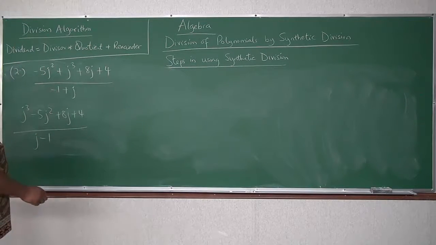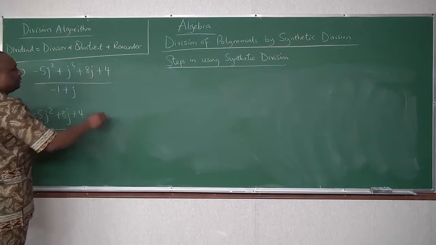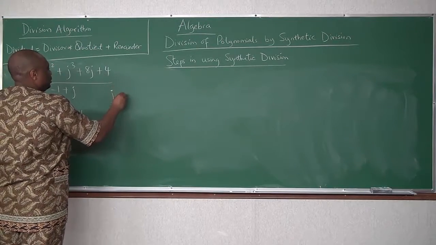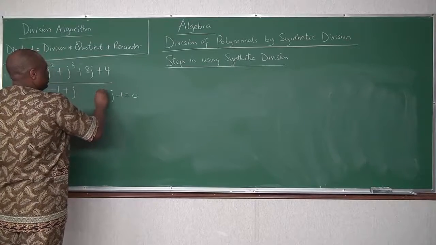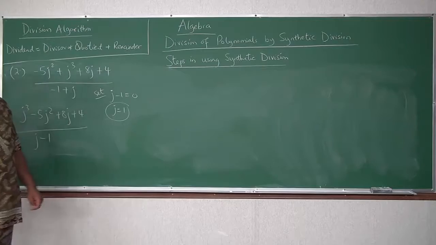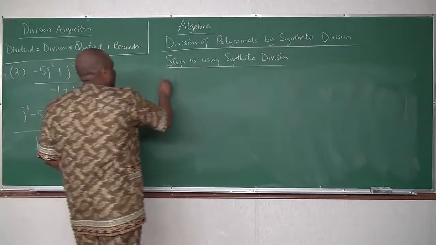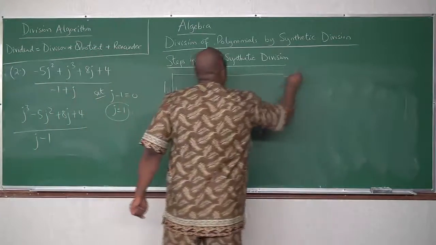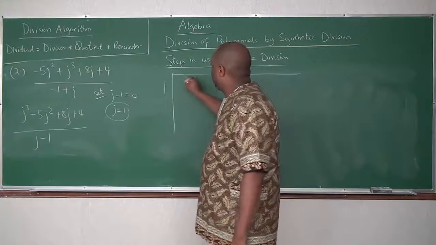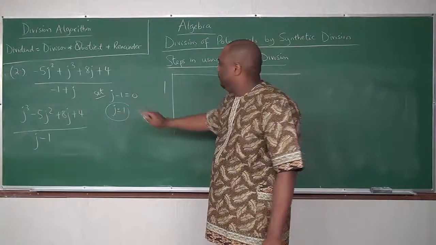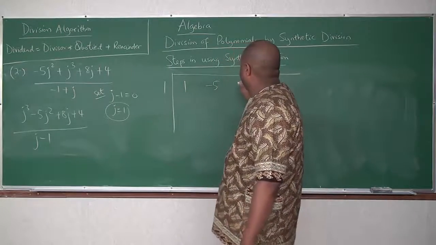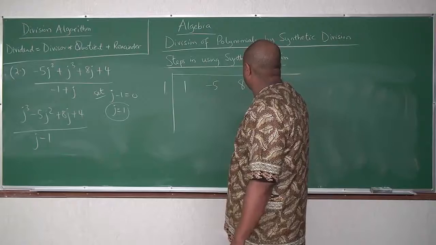The first thing we do is set the divisor, j minus 1, to be 0. So j is equal to 1. I come here, I write 1, and I set up the division. Then I write the coefficients of the dividend: 1, -5, 8, 4.